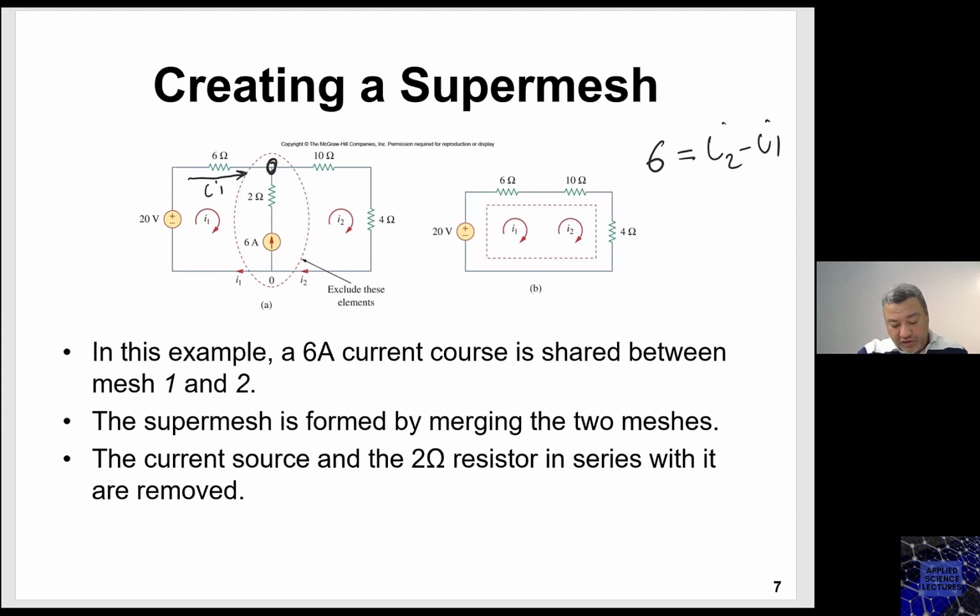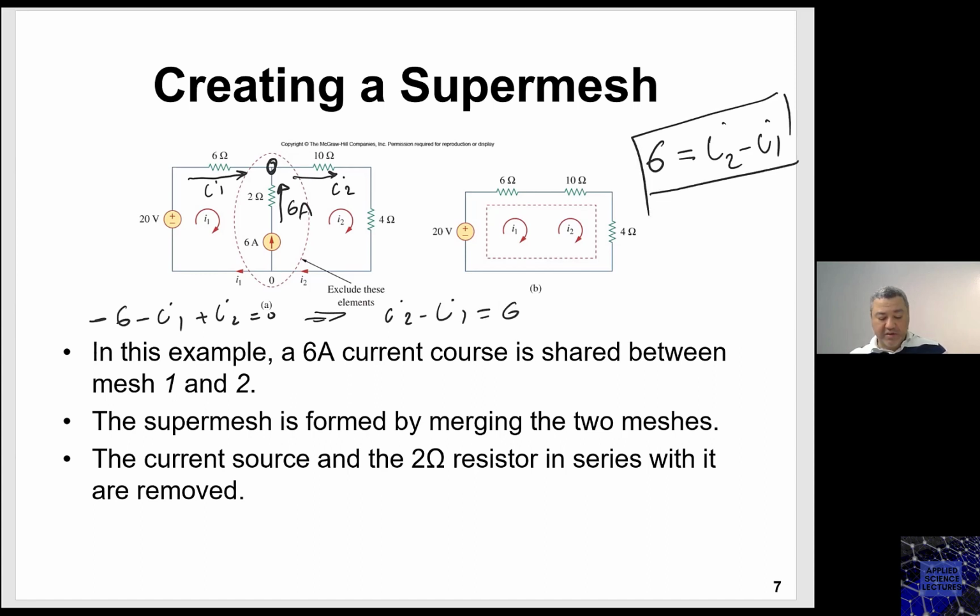And I2 is going this way, and the 6 ampere is going this way. If you write a KCL here, entering is negative, then this would be minus 6 minus I1 plus I2 equals 0. And this is going to give me I2 minus I1 equals 6. And this is what I have just shown here.